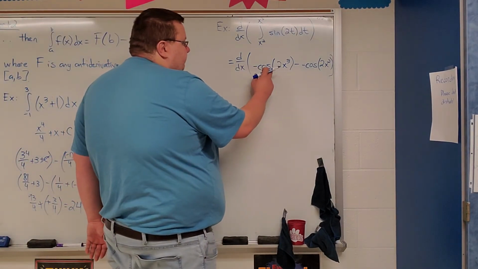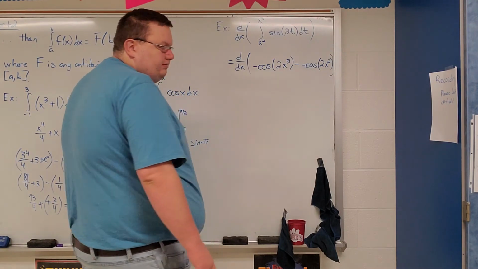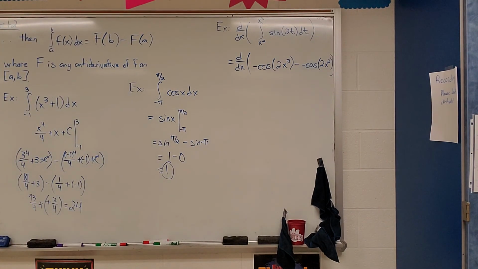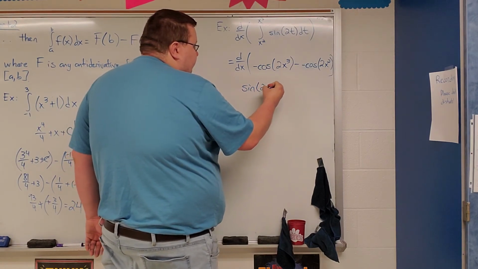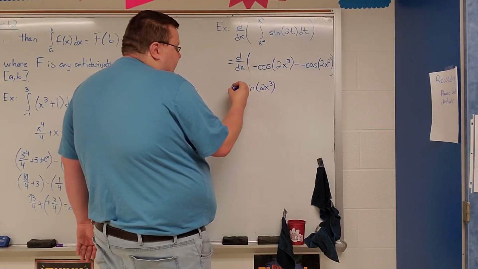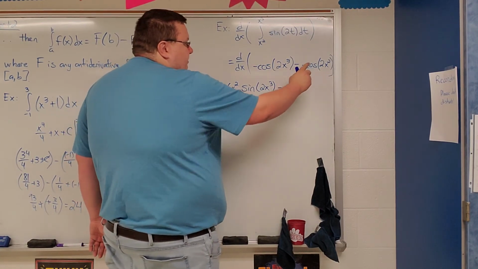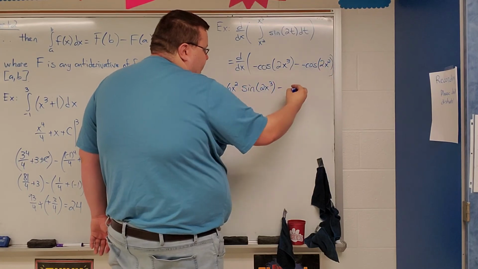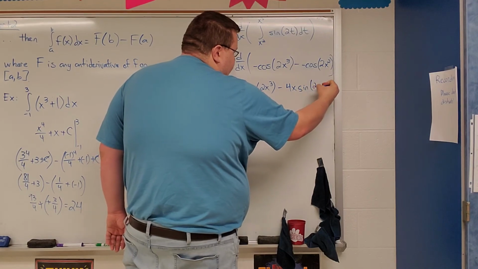Well, when I take the derivative of these, I'm going to get positive signs again, because I'm going to end up undoing what I just did with the anti-deriving. But I also have to take the derivative of the inside function. So the derivative of 2x cubed gives 6x squared. Minus, again, a positive sign, but I have to take the derivative of the inside function, which is 4x, times the sine of 2x squared.